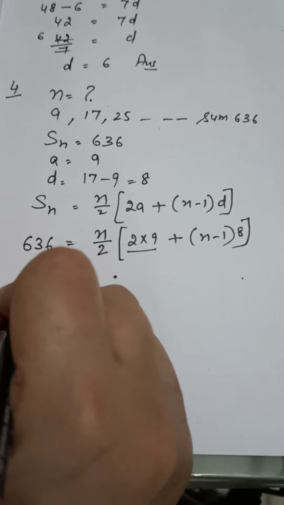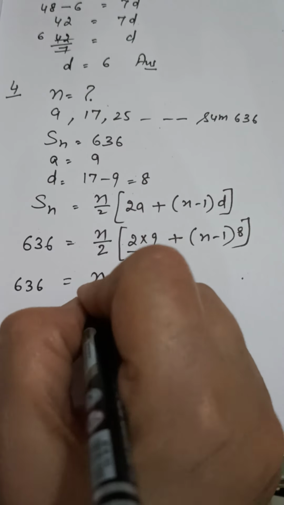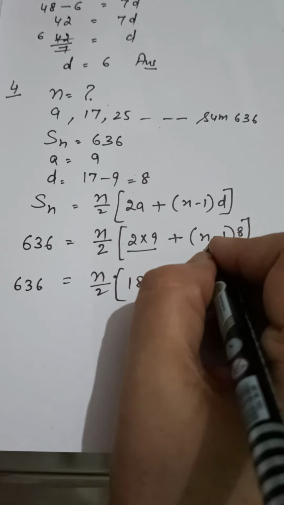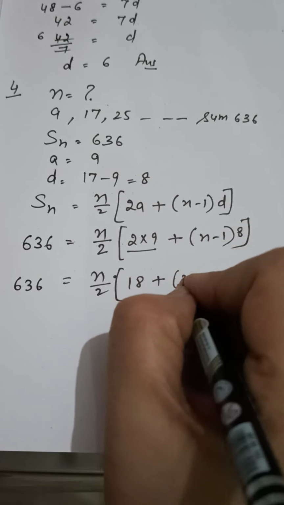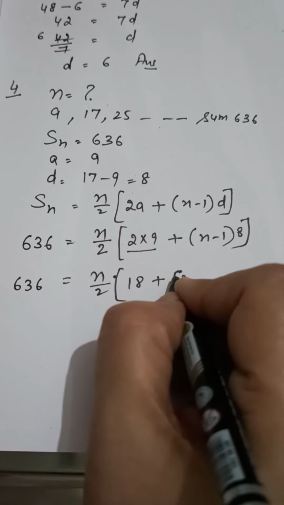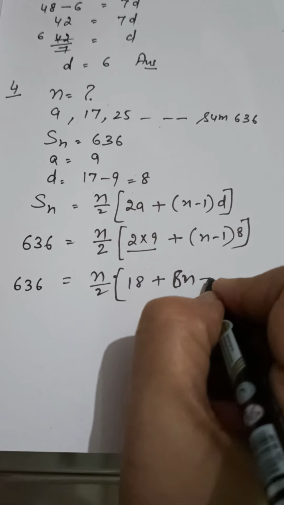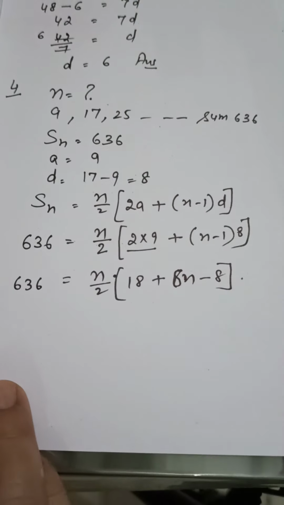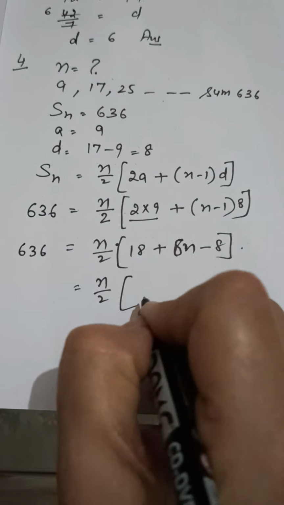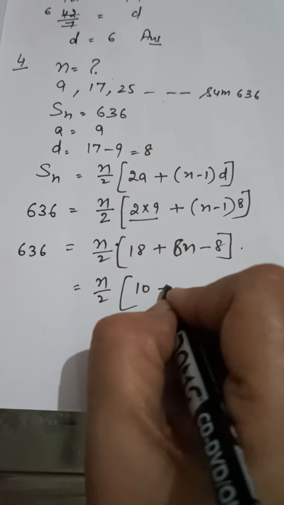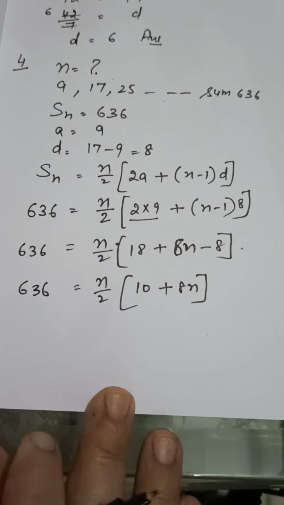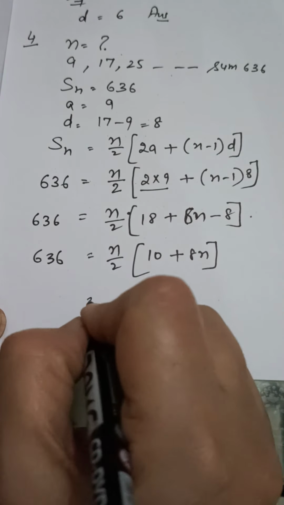Now, 636 equals n upon 2 times 18 plus n minus 1, multiplied by 8, we get 8n minus 8. Next step, n upon 2 times 18 minus 8, 10 plus 8n. Next step, 2 can be common here.